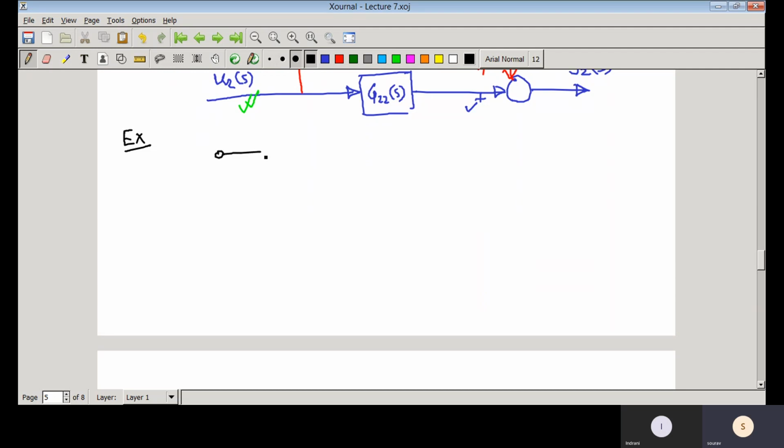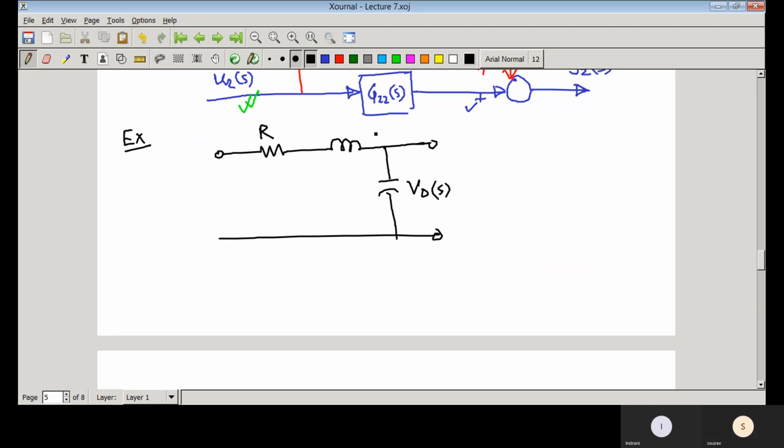Here, if we take a simple circuit, that is output V0(s), and this is R, and this is Ls, this is I(s), so this is input V1(s). So we are interested in what would be the transfer function from input V1(s) to output V0(s).